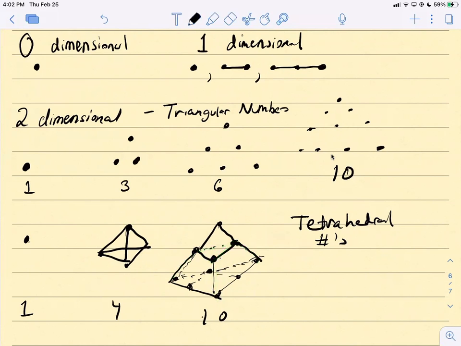Maybe I can draw it. Maybe there's a triangle right here. Then there's another triangle right here. And that triangle is the same as this triangle. It's just laying down.